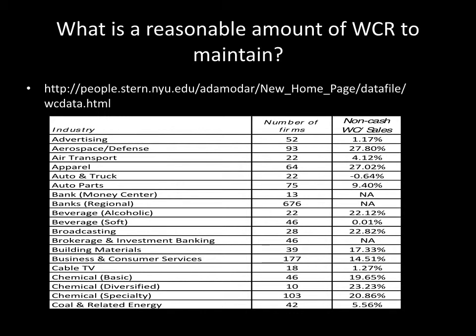If you go down about halfway, there's a category called alcoholic beverages, of which he has 22 firms in his sample. And in his sample, the average of these firms is a working capital requirement of 22.12% of sales. So we could use that and compare ourselves with it to say, are we pretty similar to the other companies, or are there major differences? Maybe we have too much working capital or not enough.